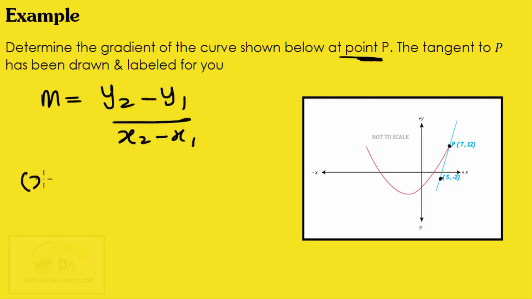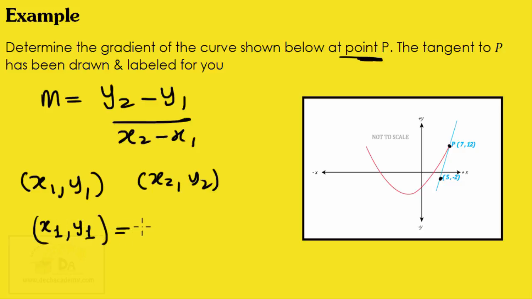Now we need to assign x1, y1, the first point, and x2, y2 to certain points. Let P be x1, y1, so that's (7, 12).